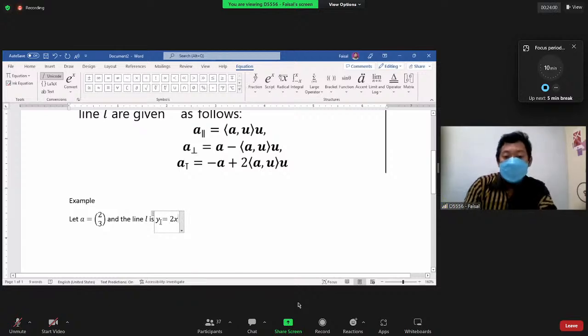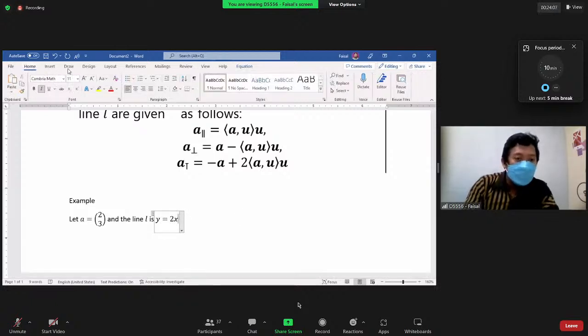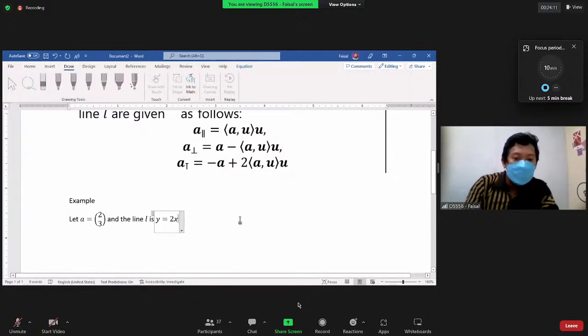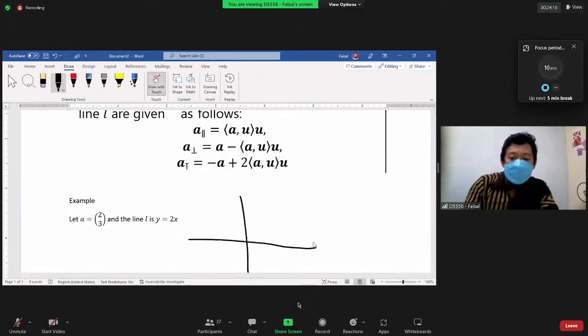and this is the line y equals x. If we look at the picture, this is the xy coordinate, and (2, 3) is 1, 2, 1, 2, 3, and this is A. And where is the line L?